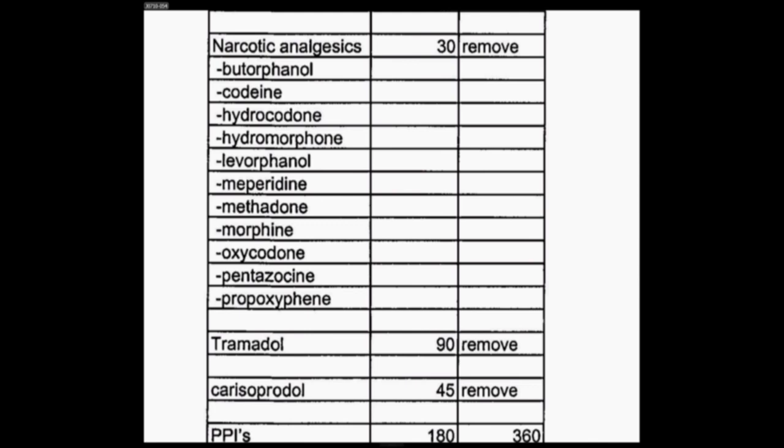Yes. And you see the old or existing duration limit there for hydrocodone, actually for all narcotic analgesics, was 30, correct? It says 30 in the old column under duration for narcotic analgesics.